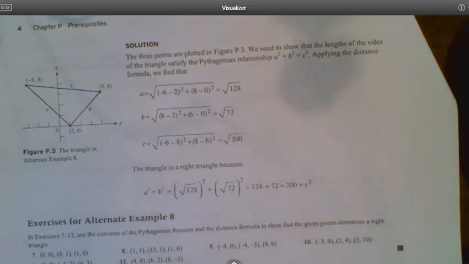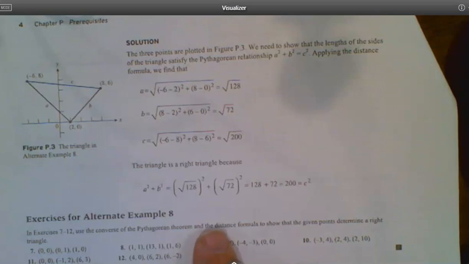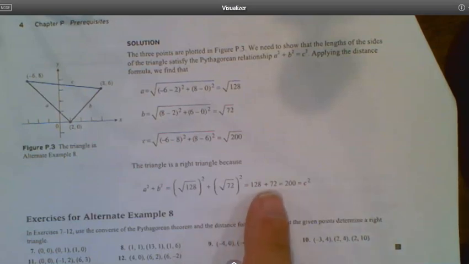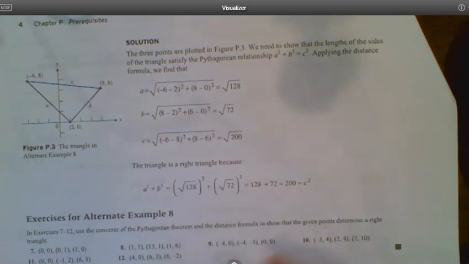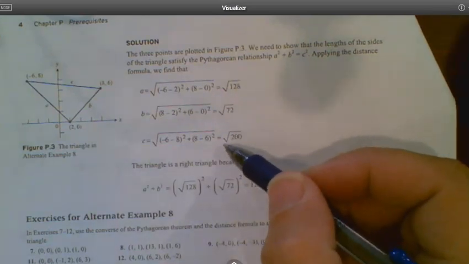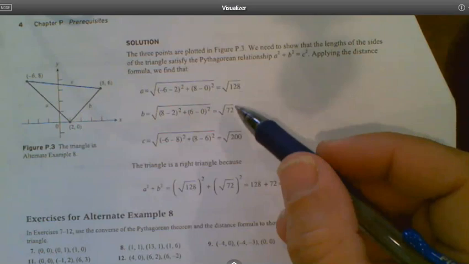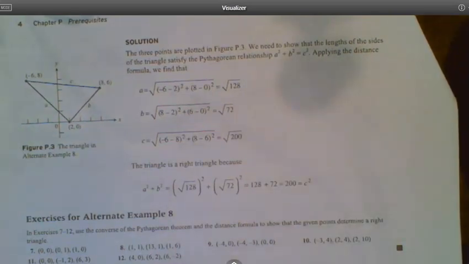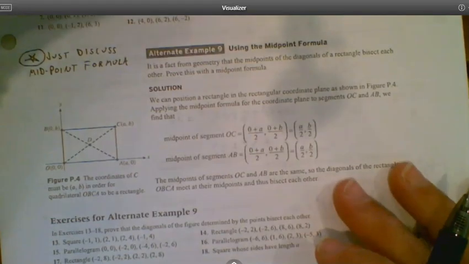If it does, yeah, you know it's a right triangle, right? So as you look at this one, if we plug those into our Pythagorean theorem, it would look like this. And sure enough, it does fit the formula, so we would say yes, it does form a right triangle. You'll always know that your c value is the largest one, right? The two smaller ones would represent a and b.